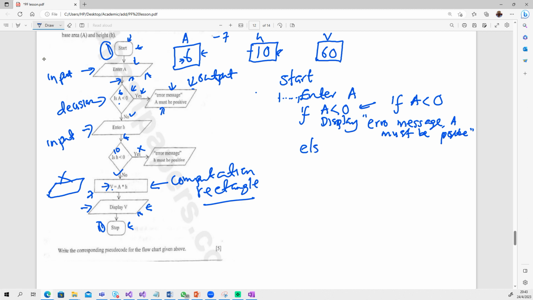Okay, what does else do? Else means in a case where a is not less than 0, this is what I'm going to do. So remember here what we had? The case could be yes, or it could be no, or it could be true or false. So if it's true, we'll carry out this. What if it is not?